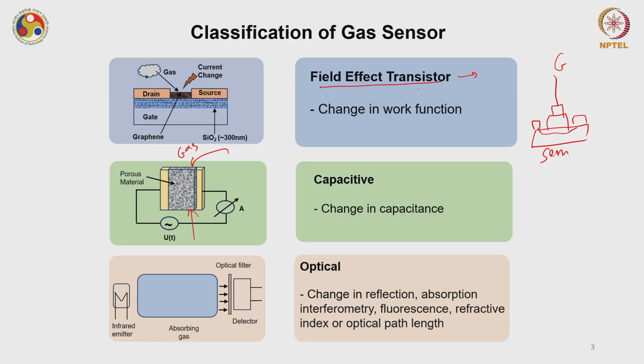There are some materials which change their refractive index when they come in contact with a toxic gas. Okay, so those devices can also be made, where you have a change in refractive index in the presence of gases. They are actually very popular. Okay, then optical path length change with the absorption of the gas is another phenomenon which has been cultivated for development of optical gas sensors.